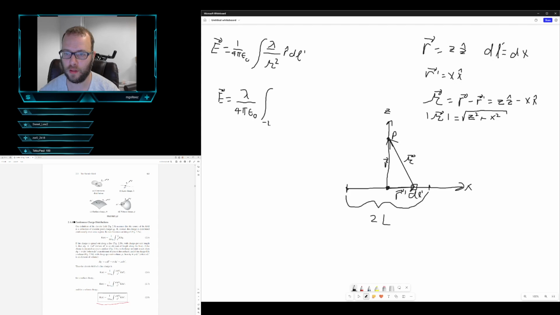Negative L to L of one over z squared plus x squared.